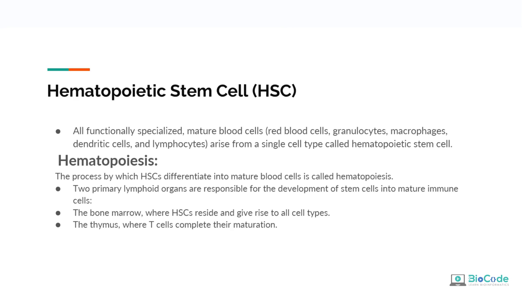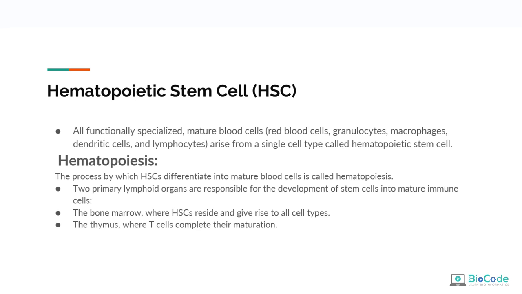Hematopoietic stem cells. All functionally specialized mature blood cells, which include red blood cells, granulocytes, macrophages, dendritic cells, and lymphocytes, arise from a single cell type, which is called hematopoietic stem cells.